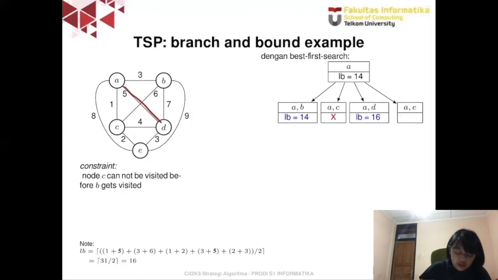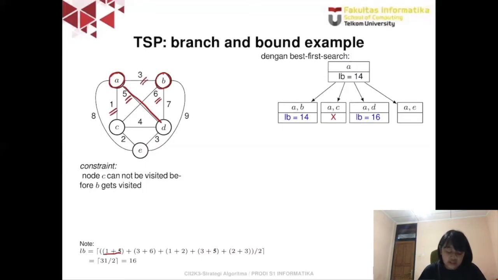So AD means that we have edge AD as part of the solution. So for A, 5 must be considered as part of the solution, and the other edge attached to A in the solution cannot be lower than 1. So we have 1 plus 5 here. And for B, the 2 edges attached to B in the solution cannot be lower than 3 and 6.